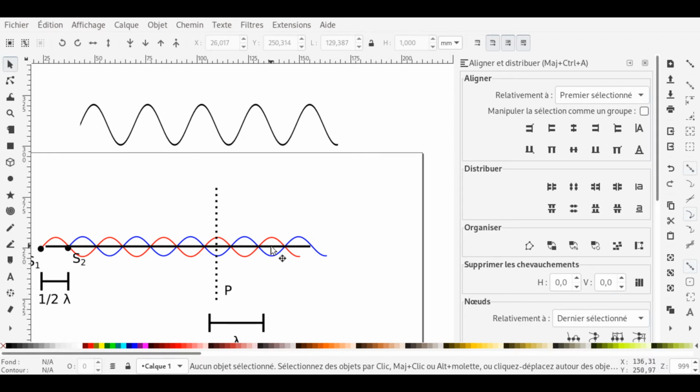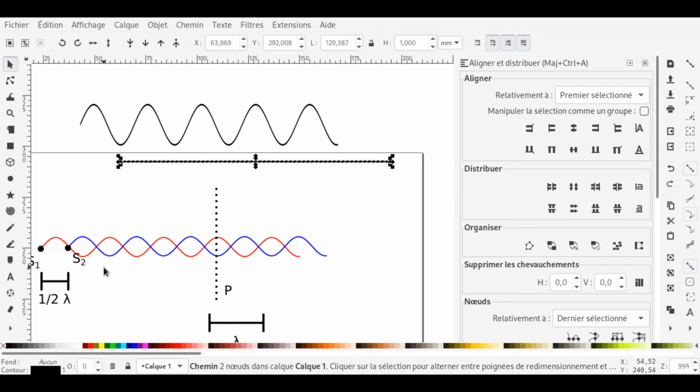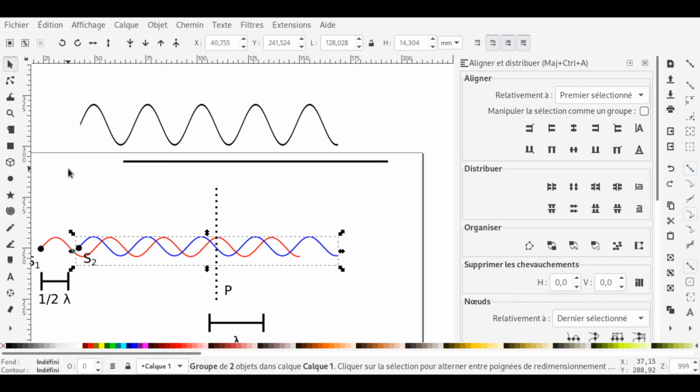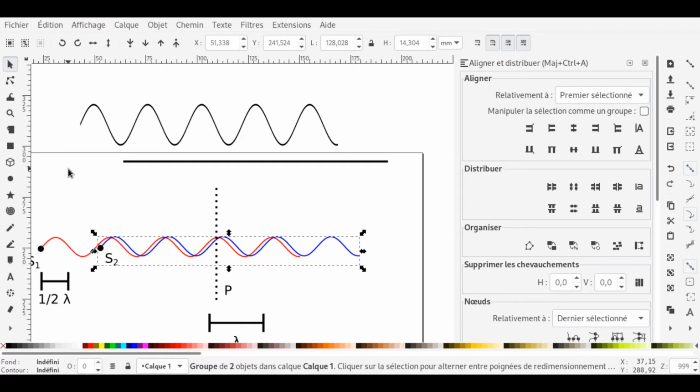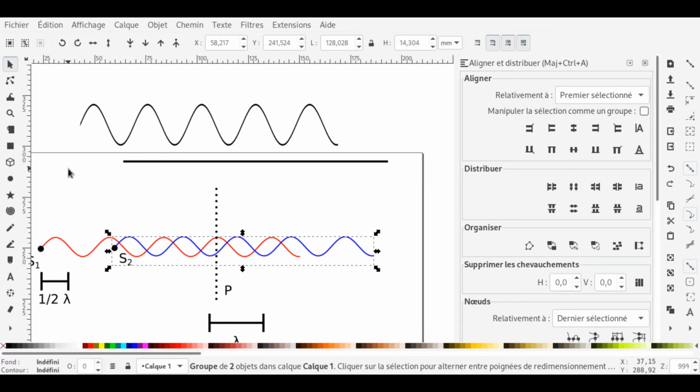Once again, I'll try to find another position at which this happens. So I'll start again with this wave and move it towards the right until I find another position at which the two waves cancel. I'll begin my journey. Move towards the right. Here.